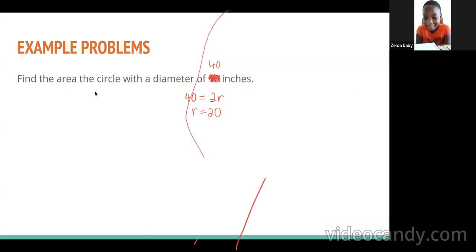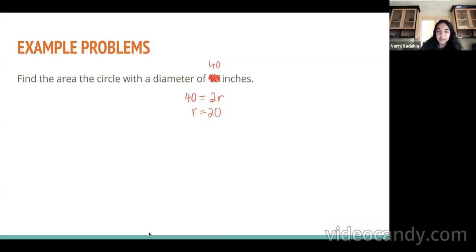Area for a circle is pi times r squared inches. It's not always inches, but in this case that's correct. So our area is going to be pi r squared. Now that we got that, let's plug in our values.